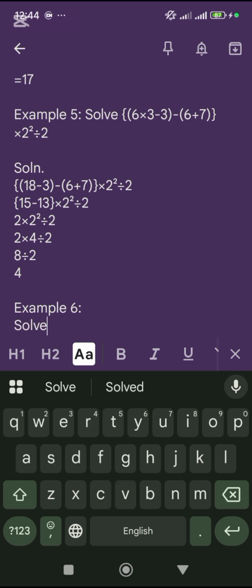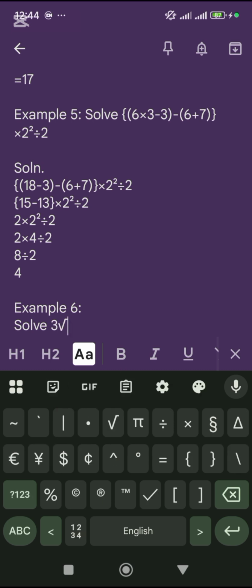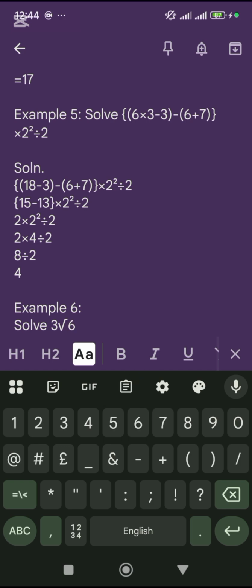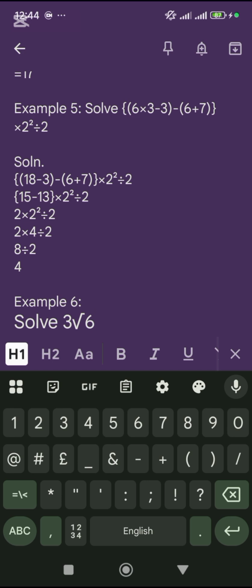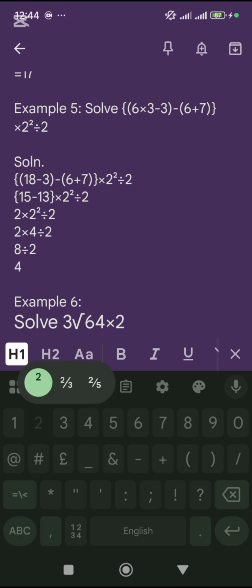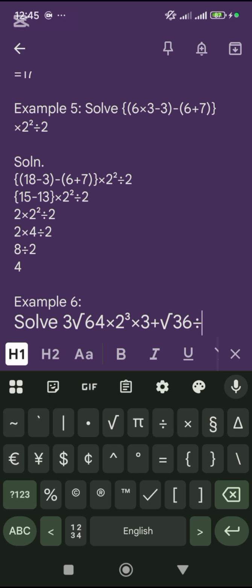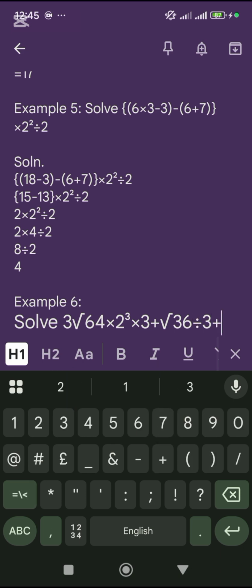This is a little bit challenging, and so we can have 3 times the cube root of 64, times 2 raised to the power of 3, times 3, plus the square root of 36, divide by 3, plus 2.